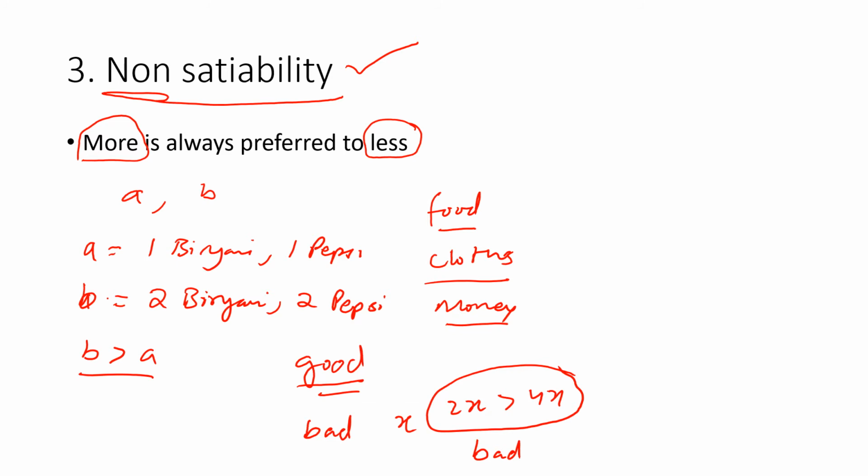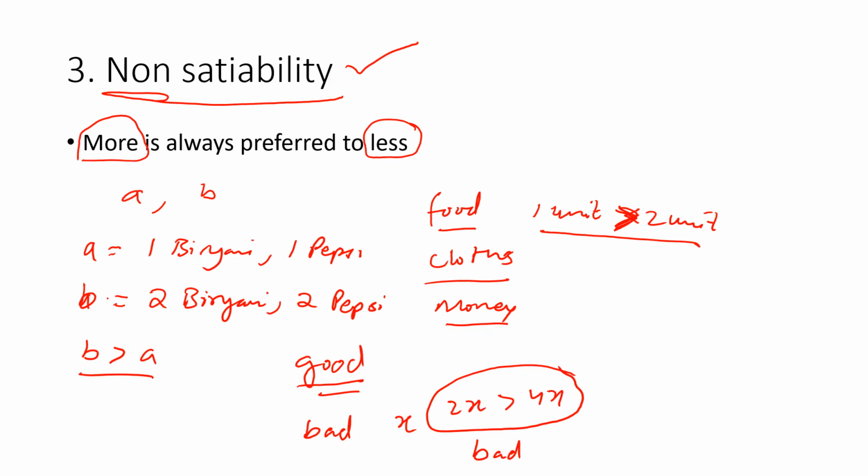But let's say there is some sort of vegetable or some sort of meat that you do not like. If you do not like that meat, that becomes a bad for you. So you prefer 1 unit of that to 2 units of the same meat. In this case, it becomes a bad.